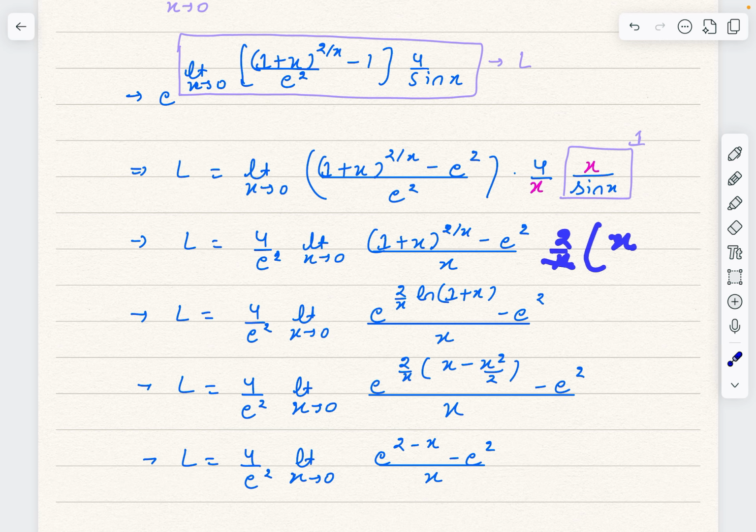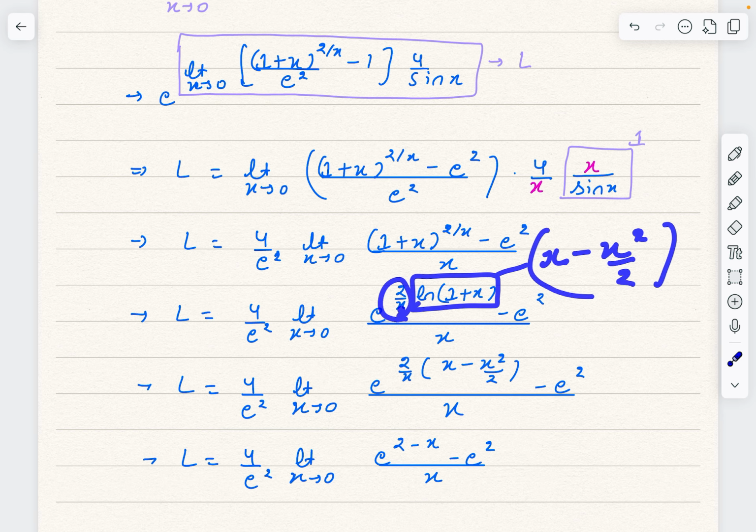So this x will get cancelled out, we get a constant. What we do here is we have to take second term also. Because with this second term, outside x in x square will become x. And in the denominator also we have x. Like I told you, we expand up to that power of x which you see in the denominator. So if it was only ln (1 plus x), we could have taken x only. But because this 2 by x outside, we'll have to take up to x square by 2.